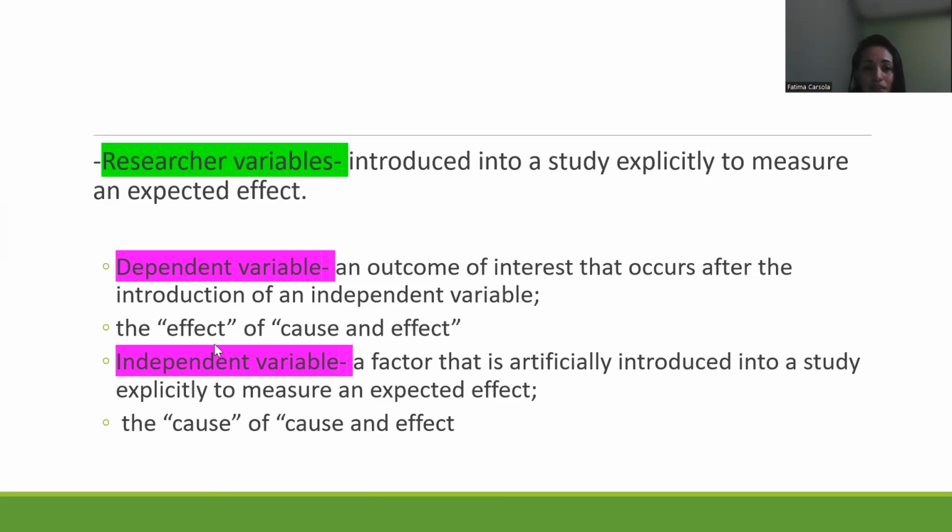When we say a dependent variable, this is an outcome or the effect that could occur after the introduction of the independent variable, while an independent variable is a factor that is artificially introduced into a study explicitly to measure an expected effect. So this is the cause of the cause and effect. Remember, when you say dependent, this is the effect. And when you say independent, that is the cause.